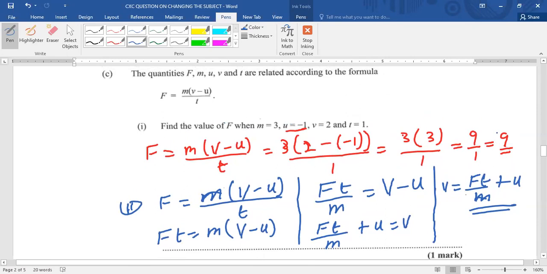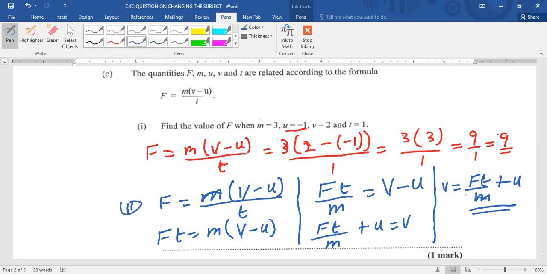Everyone understands that part perfectly, right? Now, the second part is that we want to make what?